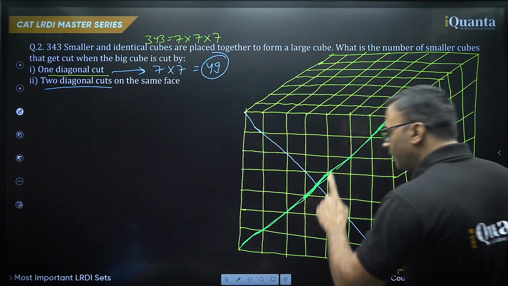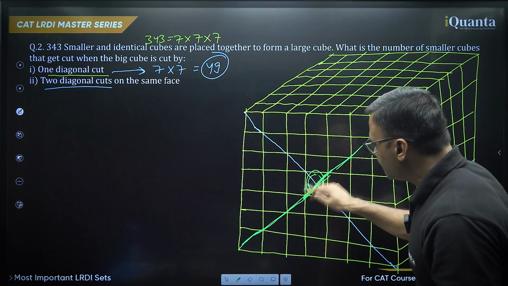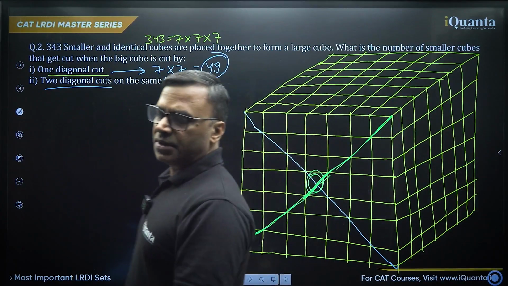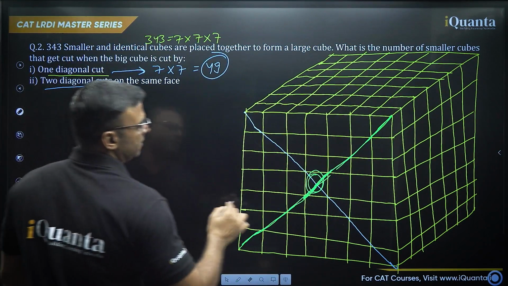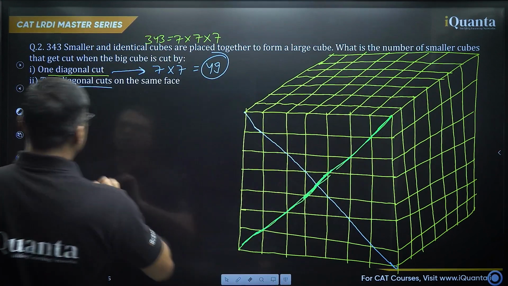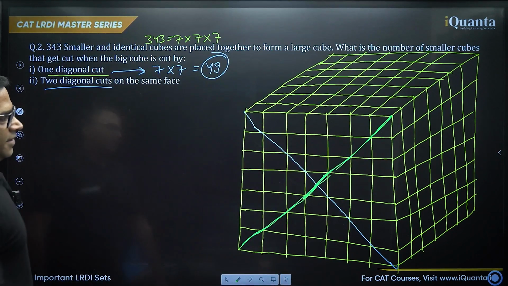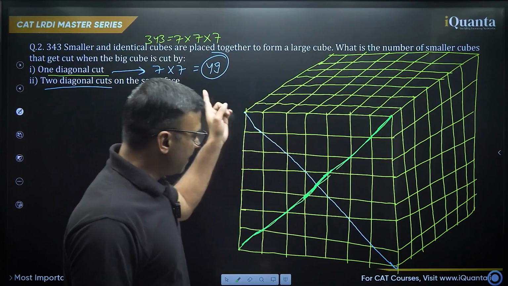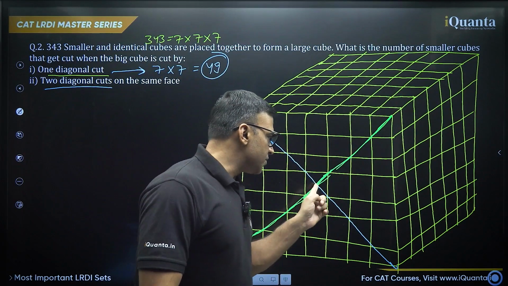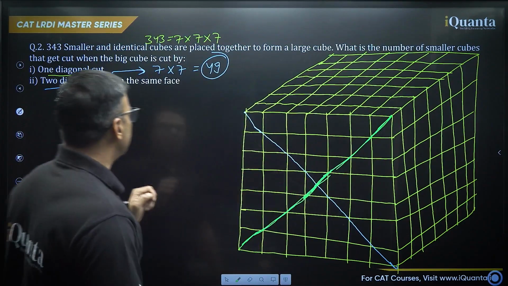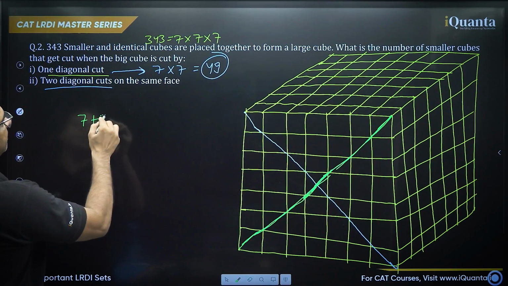This also cuts 7, but the problem is there is one cube which is commonly cut by both the diagonals. Check that carefully. So what do we see now? So in one layer, we have 7 plus 7 minus 1. Why? Because this one is common, so this should not be counted twice.